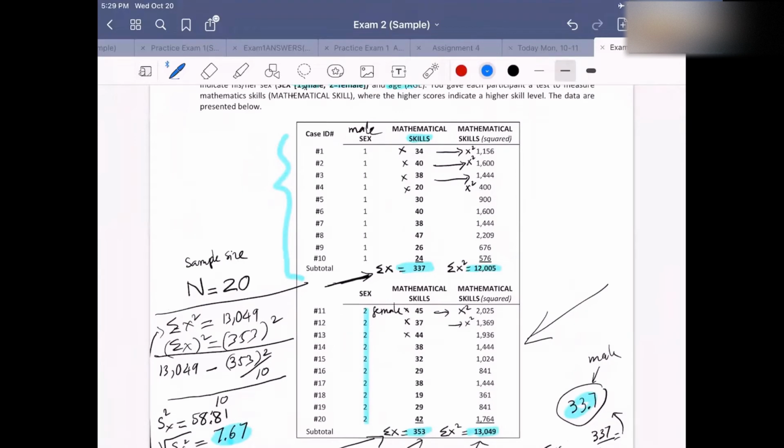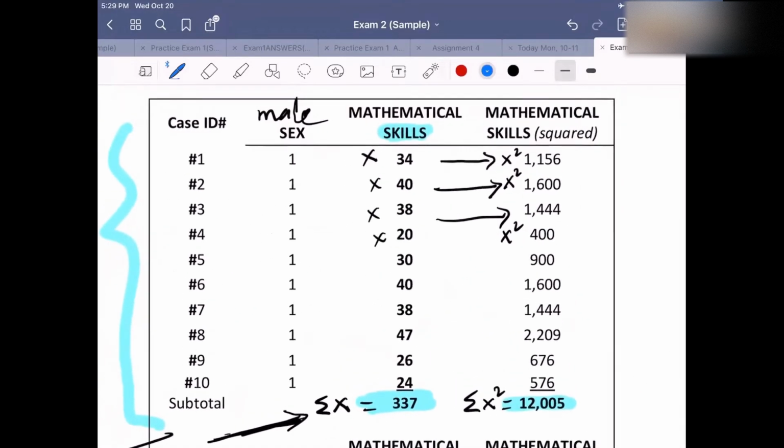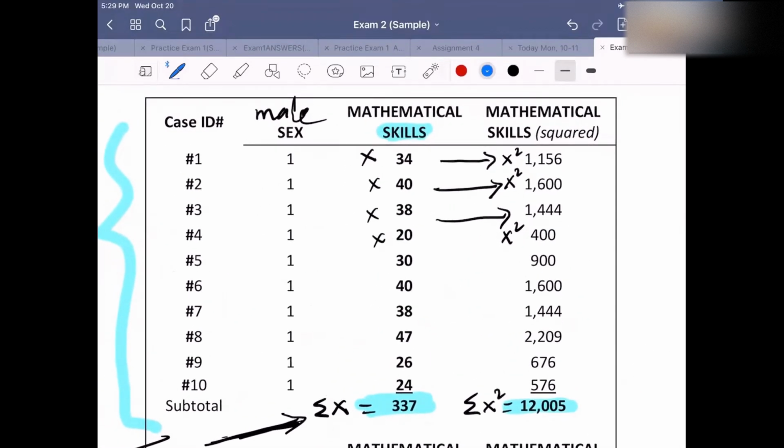There are 20 of them in total, and you are given all the numbers already. You are given the X values, and then after that, you squared each X value, right? All the numbers on the right here will be the X squared, and so on.